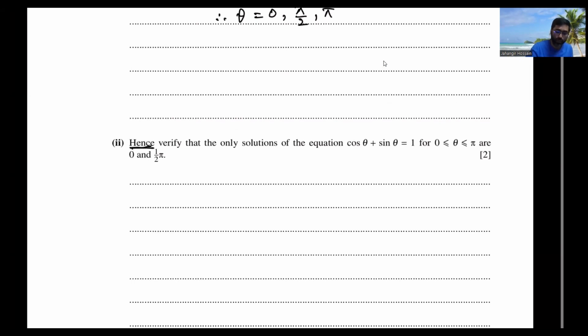Hence, verify that the only solutions of this equation for theta between 0 and pi are 0 and pi by 2. Although we have the solutions of the equation cos theta plus sin theta whole square equal to 1, in fact this one has three different solutions, 0, pi by 2, and pi.